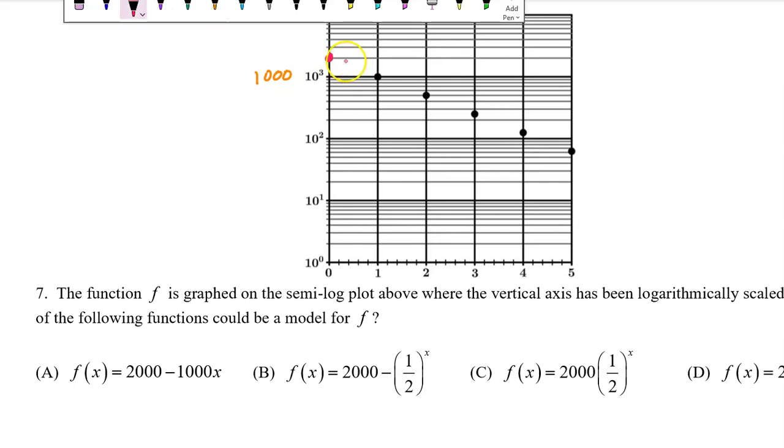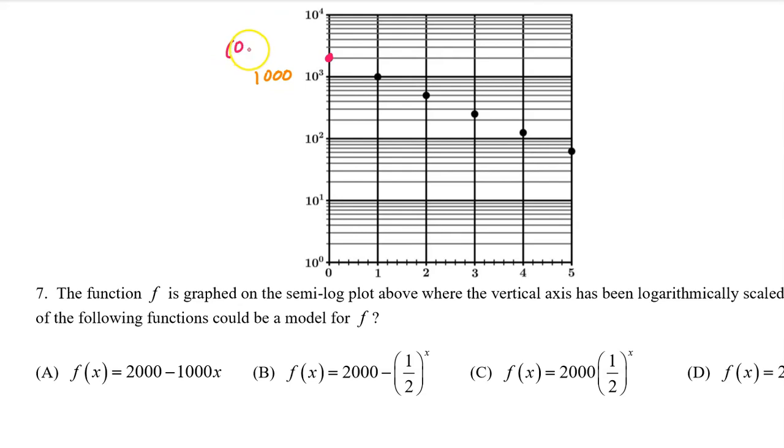So that means that this red dot right here is the point 0, 2000. We can use that point to help us make a model, but we're going to need one more point. So let's look at this point right here, which is 1, 1000. So let's use these 2 points to make the exponential model.